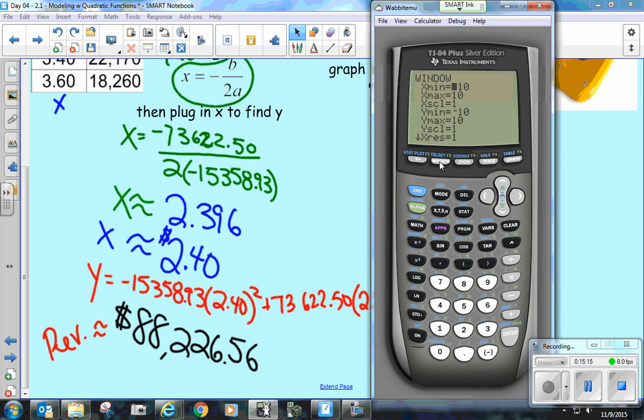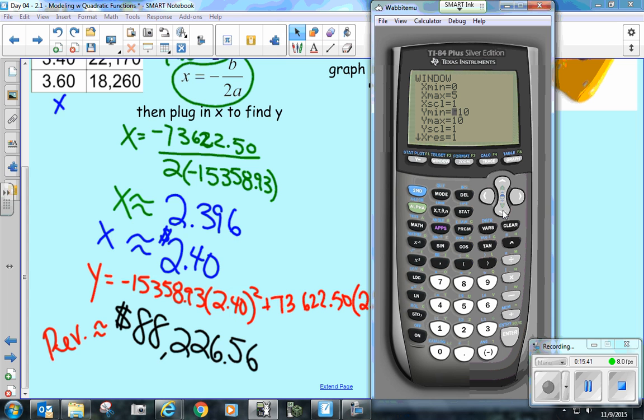If it's somewhere around 240, that should be somewhere around the middle. Let's go 0 to 5. Does that make sense? So my x minimum will go 0, and our x max is 5. How come? Because our maximum point, our vertex, is somewhere in between there. So let's go from 0 to 5, and we'll go by 1s. It doesn't matter.